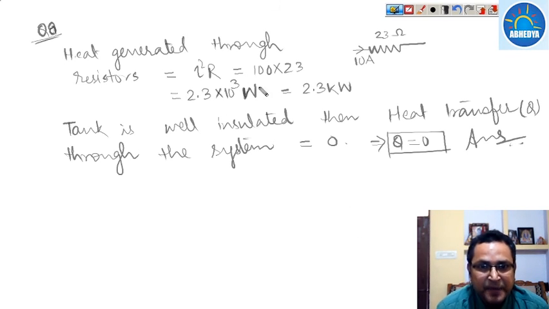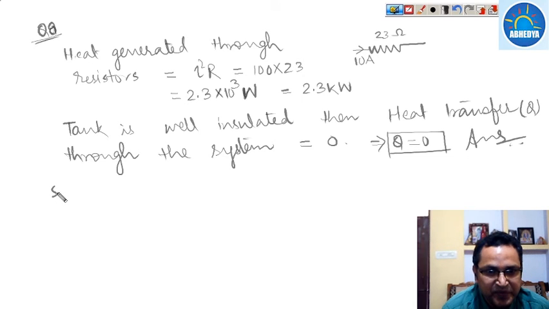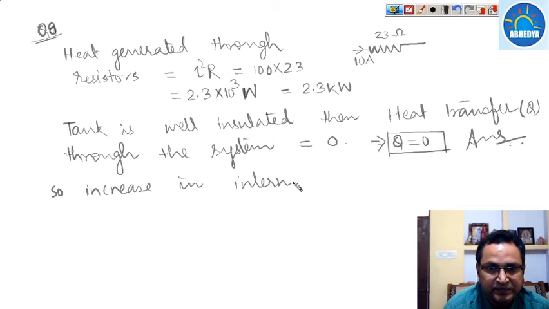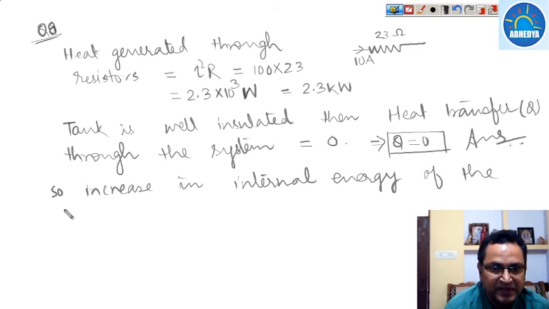And since current is flowing through the resistor, obviously heat is generated. This heat generated is utilized to change the internal energy. So the increase in internal energy of the system is equal to 2.3 kilowatt.